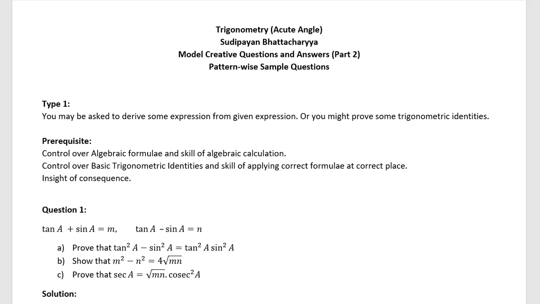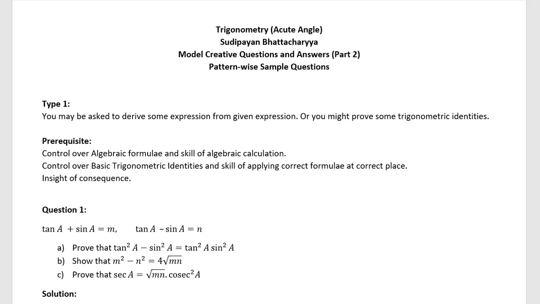There will be some expression coming up. Suppose you are solving some problem, and you will reach some stage of solving where you can apply three or four formulas, but which formula is the efficient formula to apply there, you have to find out.